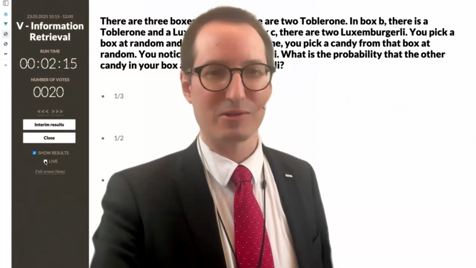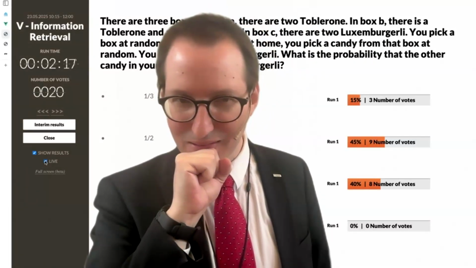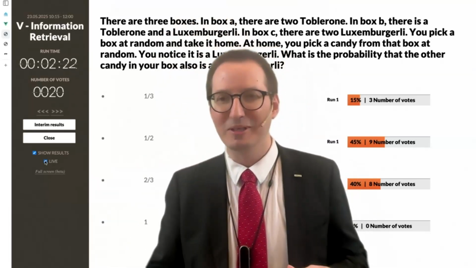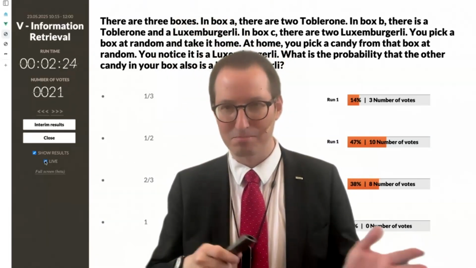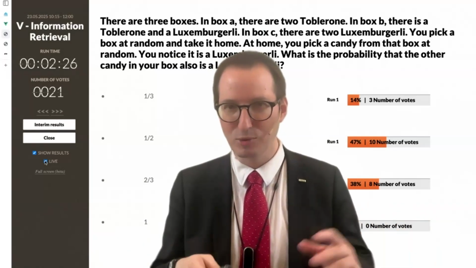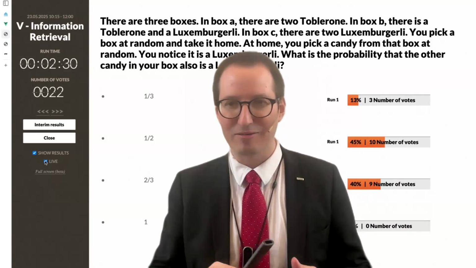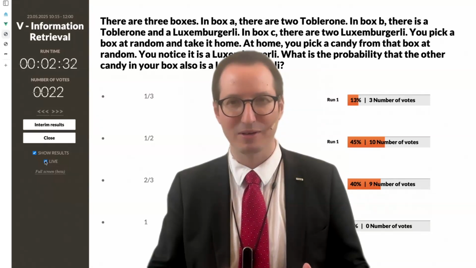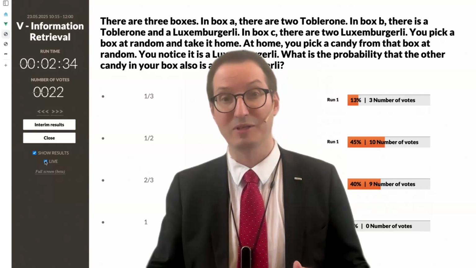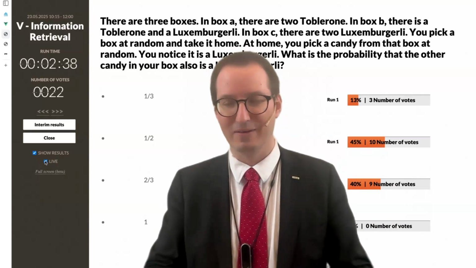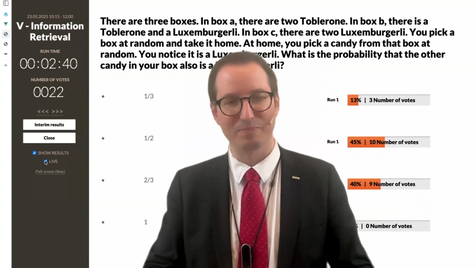Let me look at your answers. So we have a majority 1/2. So maybe Luxembourgerly, maybe Toblerone. And we have 9 people who said 2/3. So basically it's a higher likelihood that it's a Luxembourgerly than of being a Toblerone.